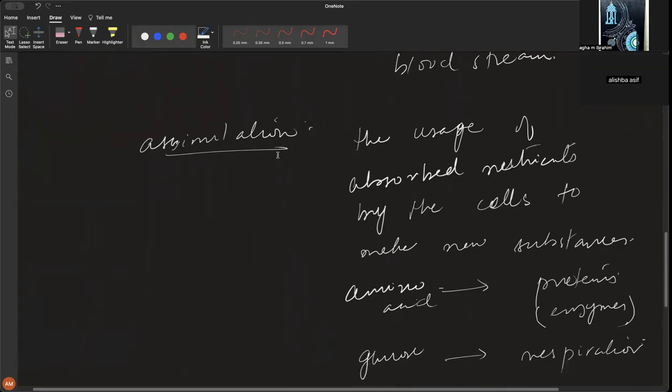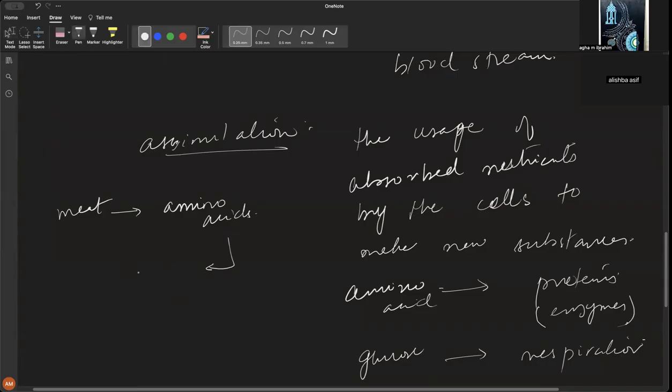Right, no problem. Let's take an example of protein. Somebody ate some meat. Through the process of digestion, this meat became amino acids. These amino acids were absorbed by the intestine and went into the bloodstream.